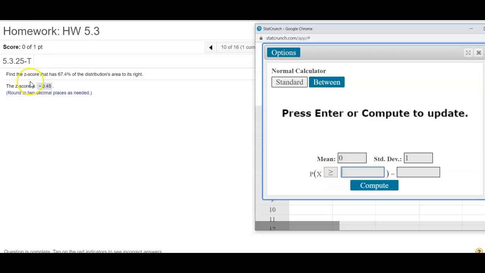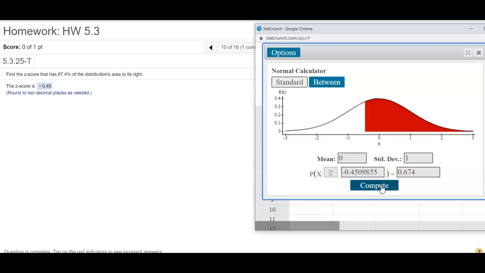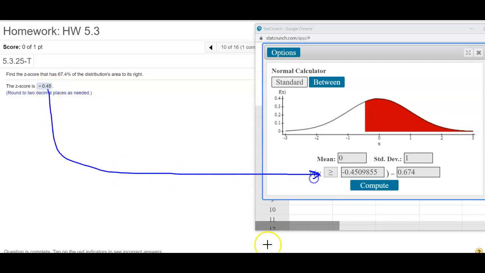They're asking me for the z-score, and they gave me the percentage. So I know area goes here. It's a percentage. Remember, you change it into decimal. 67.4 is 0.674. And then compute.